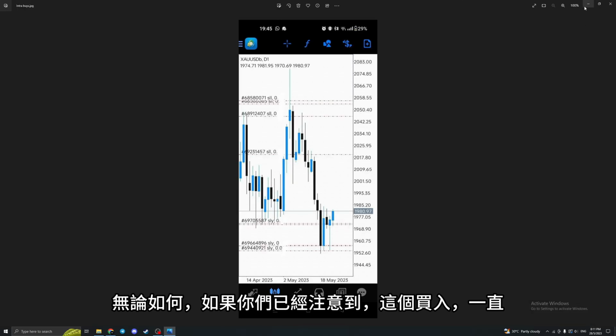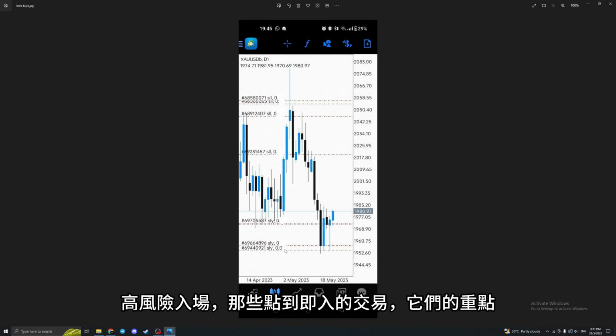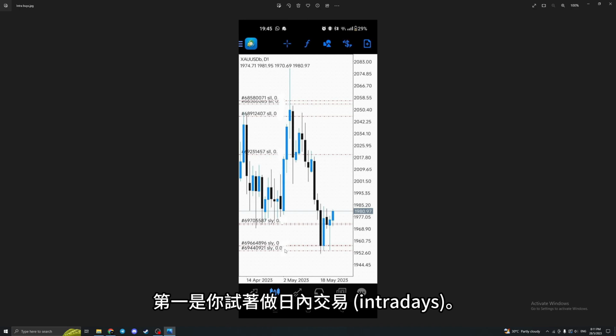Okay, cool, interesting. Anyway, if you guys can already notice, this buy all the way at the bottom here didn't even have a big lot size. I couldn't hold a big lot size because the point of having high risk entries that touch trades, there are only 2 points. One is you're trying to play intradays.